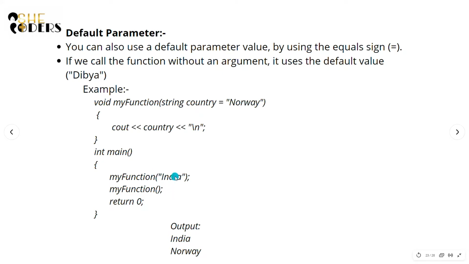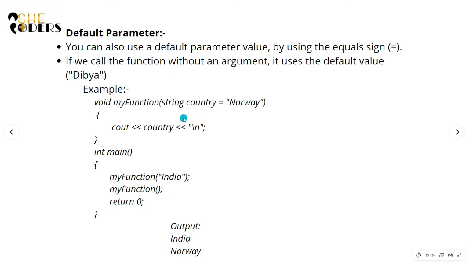So India will replace the value of country; whenever we provide any argument, the parameter country will have the value India, and the output will be India. In the next line I am intentionally not providing any argument or value for the parameter country, so it will use the default value. Here it is Norway, so the output will be Norway.